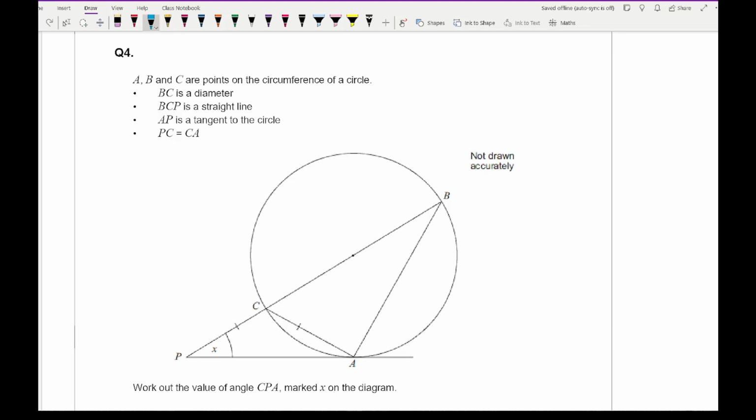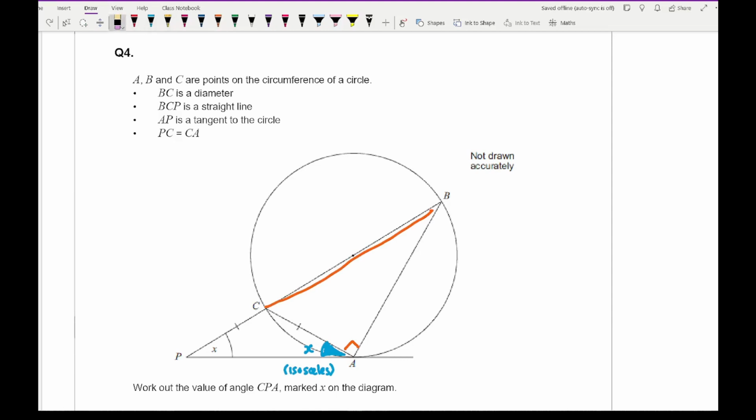Now we can see that the triangle CPA is an isosceles triangle. So if that angle there is x, this angle here is also going to be x as well. Let me just write isosceles for that, even though I don't need to. Then I know that this angle here is going to be a right angle because BC is the diameter, which is the side of the triangle, so the opposite angle is going to be 90 degrees.